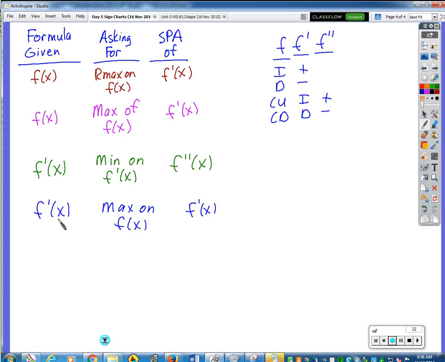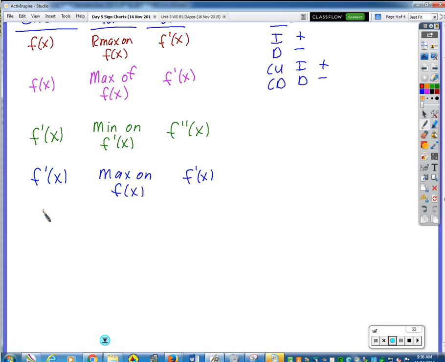Perfect. So if you were given F double prime, go ahead, Deborah, and you want to find when F is concave up, so you want F prime. Okay, let me help you.